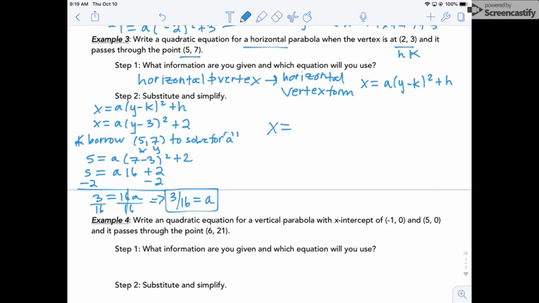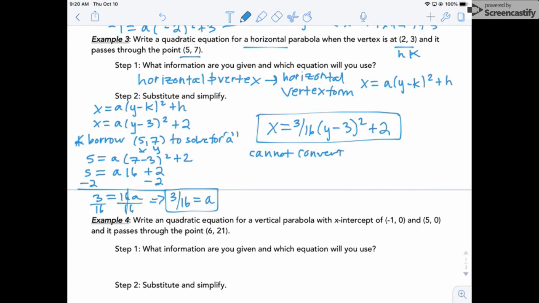If we plug it back into our horizontal vertex form, we get x equals 3/16 times (y minus 3) squared plus 2, and that's your answer for example 3, because we cannot convert to standard form.